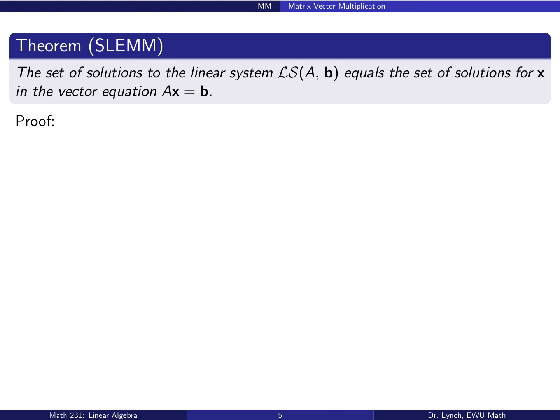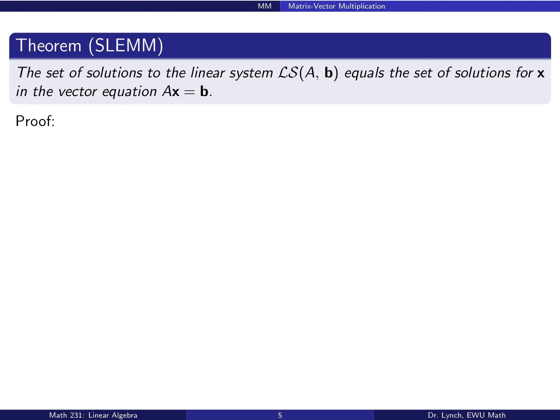Okay, as it turns out, there's a direct relationship between the vector equation AX equals B and the linear system LS(A,B), where A is the coefficient matrix and B is the vector of constants. So here's the theorem.